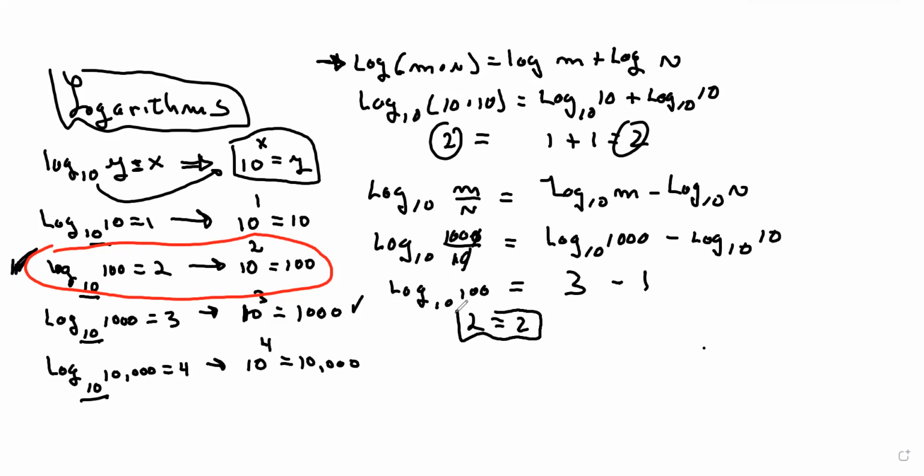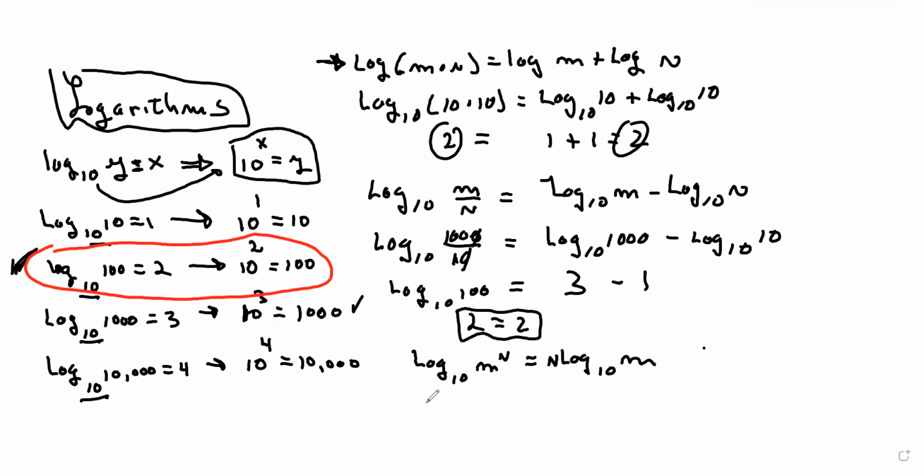And there you go. And then we have a third one, which says that the logarithm base 10 of m to the n is equal to n times the logarithm base 10 of m. Again, let's do an example.